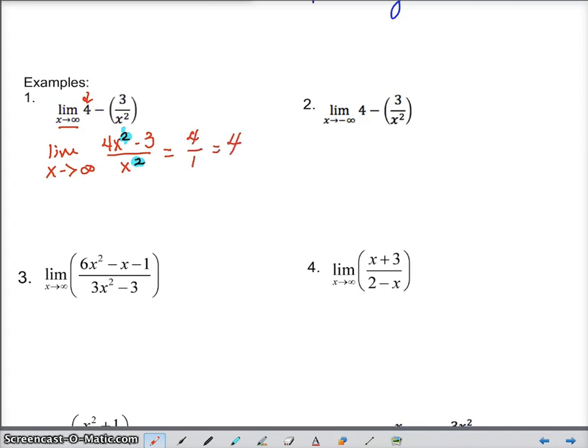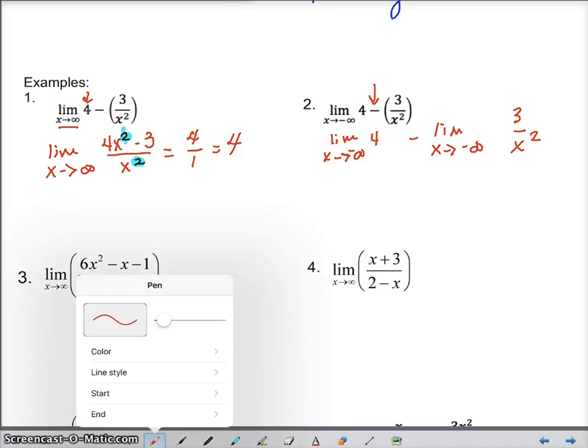With number 2, I want to show you a second option with which to evaluate the limit without having to find a common denominator. I can evaluate the limit of each individual term and then find the difference. Since this is subtraction, if this were addition, I would find the sum.